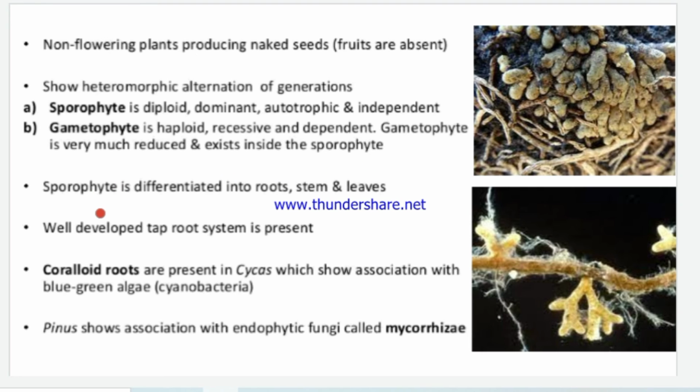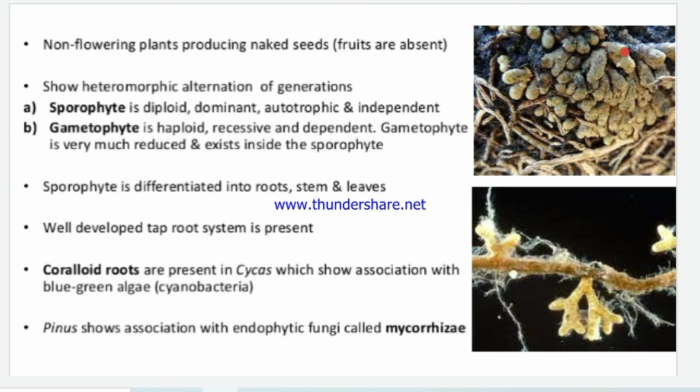Now the sporophyte is differentiated into true roots, stem and leaves. And you must know that gymnosperms have a well-developed taproot system. Now two types of association are present in gymnosperms. One is known as coralloid roots, which are present in cycas, which show association with blue-green algae.